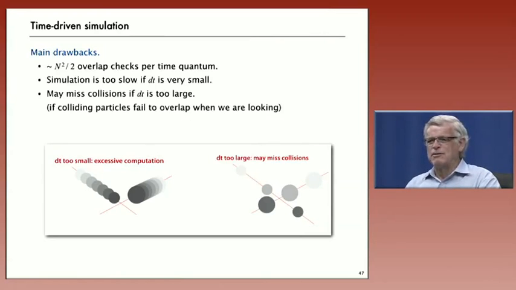On the other hand, if you try and improve things by making dt too large, you might completely miss a collision, as shown in the example at right. So figuring out the value of dt that would really work is a huge problem for the time-driven simulation.